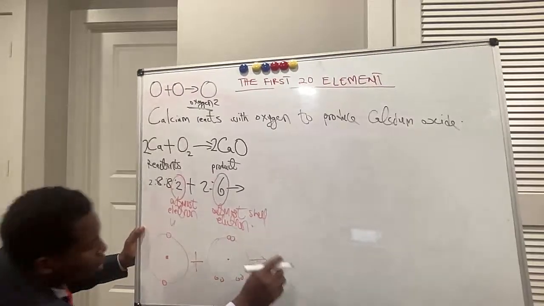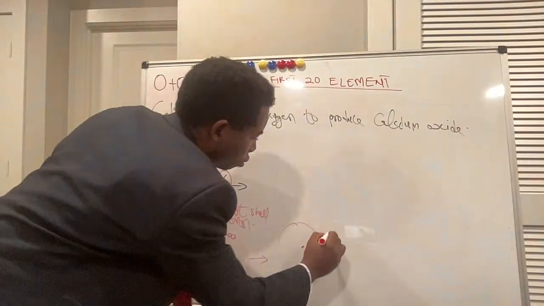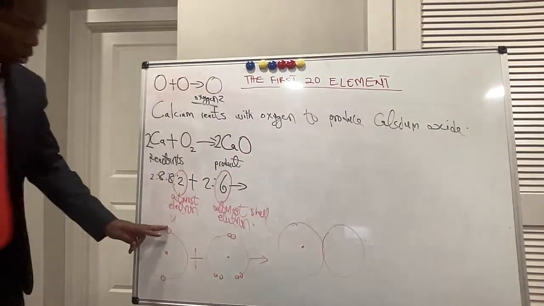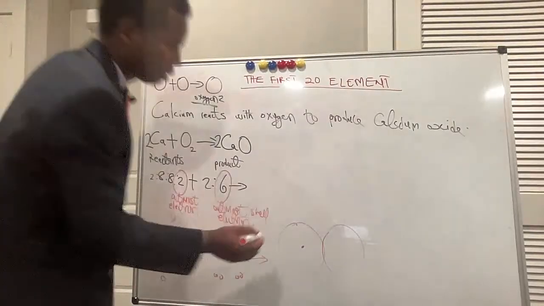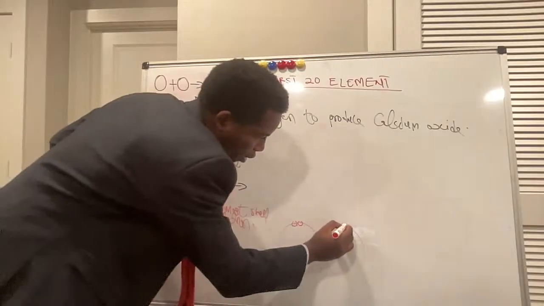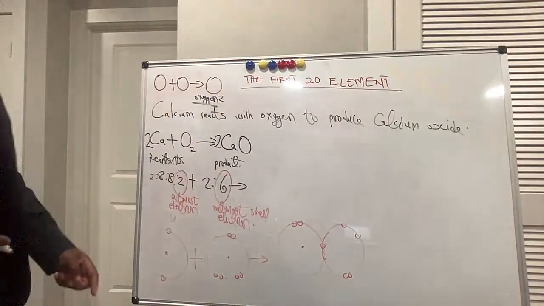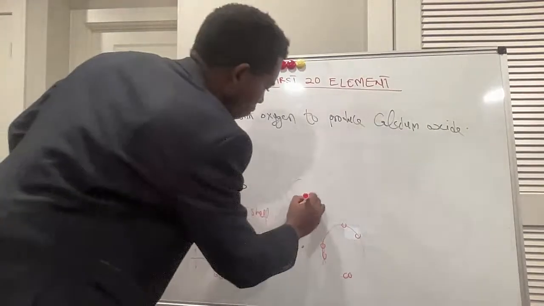Now let's combine it together. This is the nucleus. Now 1, 2, 3, 4, 5, 6, 7, 8. Now, calcium chloride is not very stable.